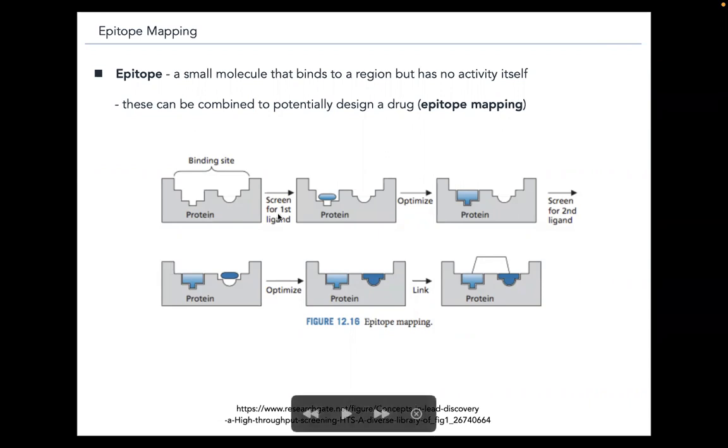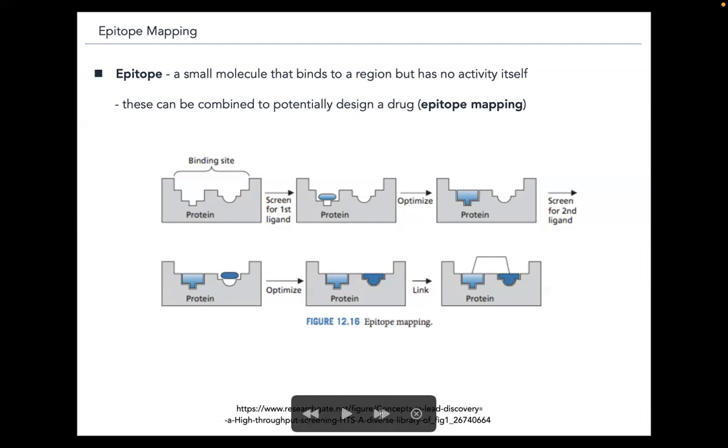So you screen for the first ligand, and then you optimize that molecule for binding. Once you have that, you screen for the second ligand while the other one's bound, because again, there's an inductive effect that occurs. So you need to look for the second one after you've optimized the first one. And then ultimately you link them, and you look for the biological response.